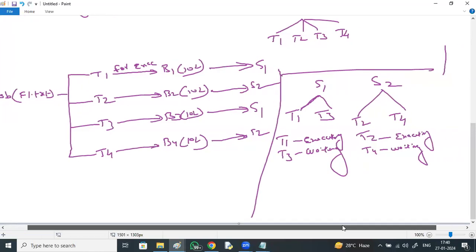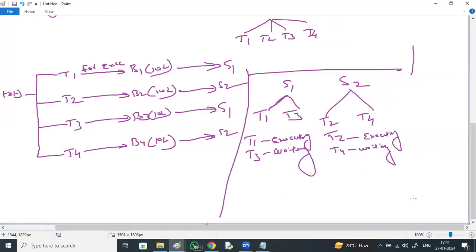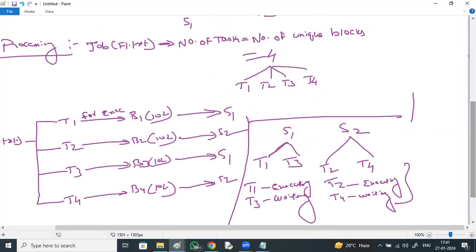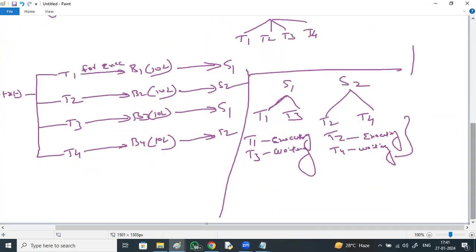So some tasks are in the waiting state, and you can see less speed. If the number of blocks is greater than the number of slaves, there is less speed. Understood?